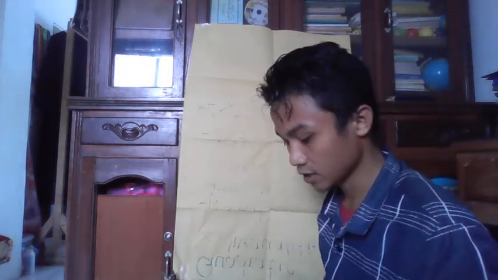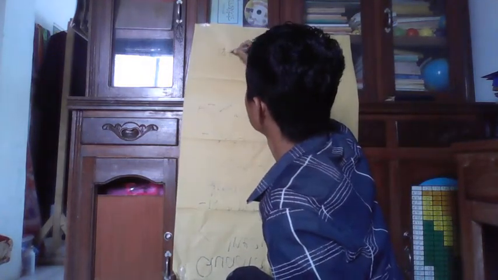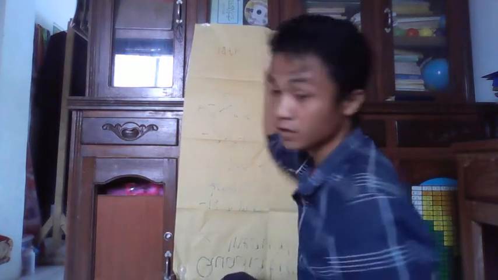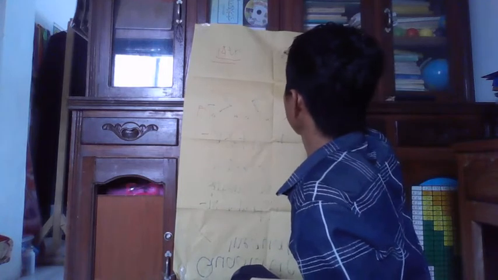Class, let's have an example. Find the 14th term of the geometric sequence 8, 4, 2, 1. So, ano yung magiging 14th term nito? 8, 4, 2, 1, and so on.